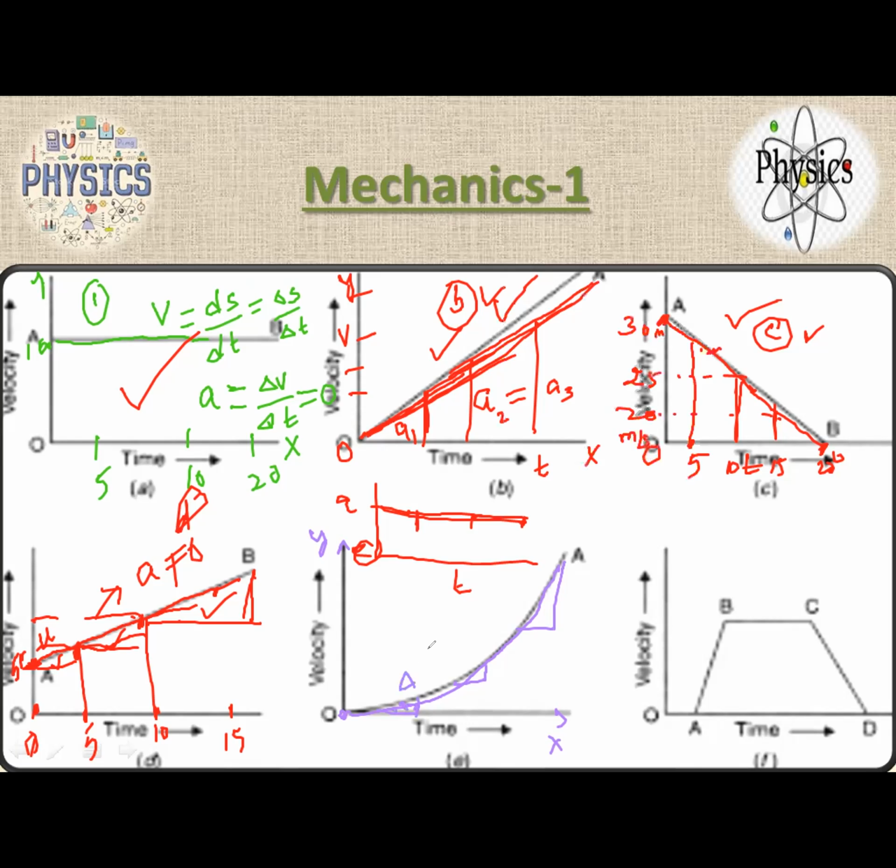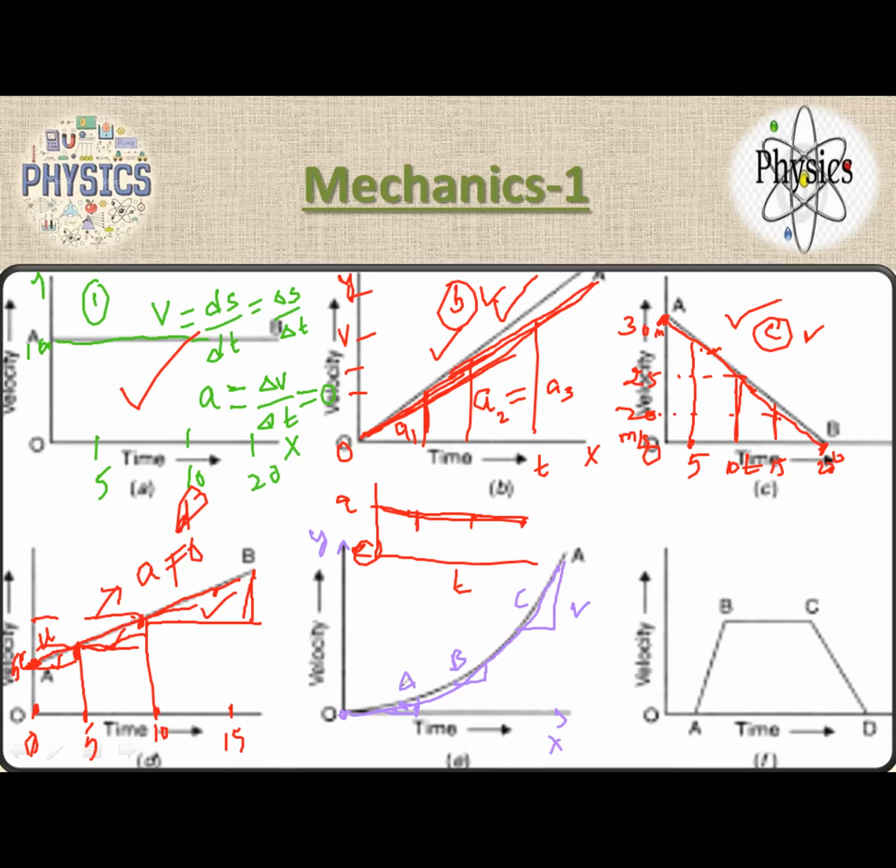Suppose I give the names A, B, C, I can say the big velocity change is in the C region compared to B and A. So when the velocity changes more, you could expect the acceleration to also be larger in the C region, right? Yes, sir. More velocity change, more acceleration. Less velocity change, less acceleration. If zero change in velocity, acceleration is zero.